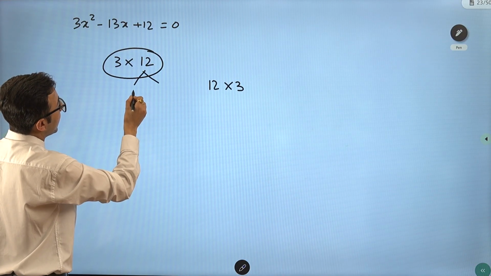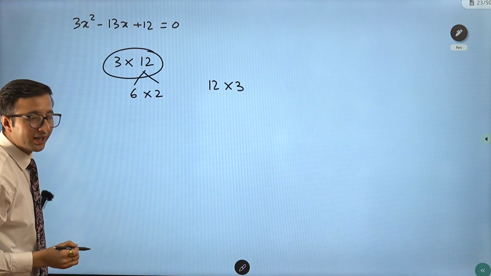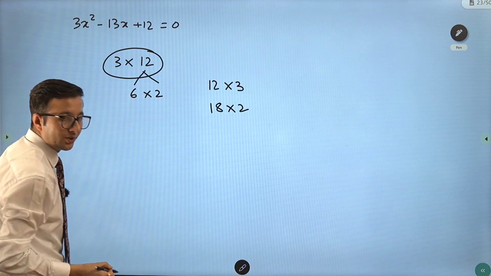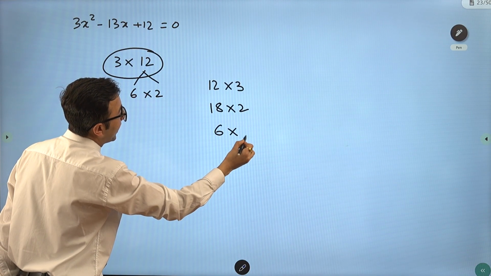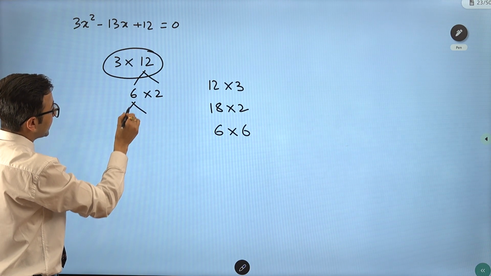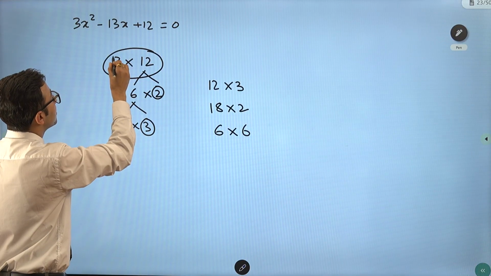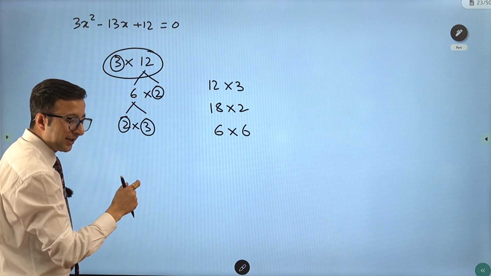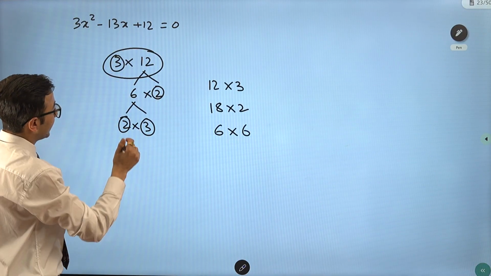Next, 12 can be written as 6 into 2, so 6 3s are 18 into 2 is also one of the possibilities. Or next, 6 6s are 36, that is also one of the possibilities. You can go with 6, 2 3s are 6, so we have 2, 3, 2, 3. So from here we will make the pair of factors whose sum is 13. Which one is possible here?